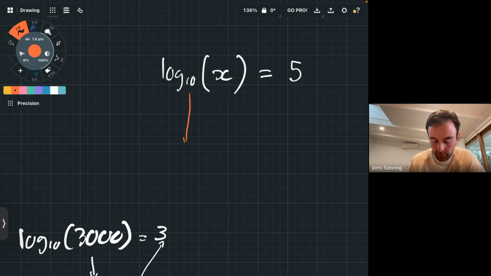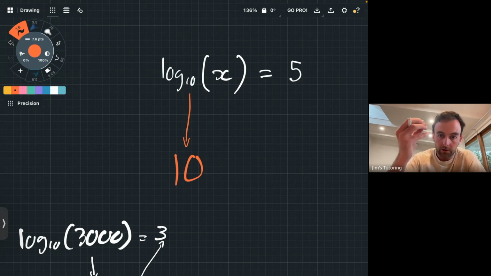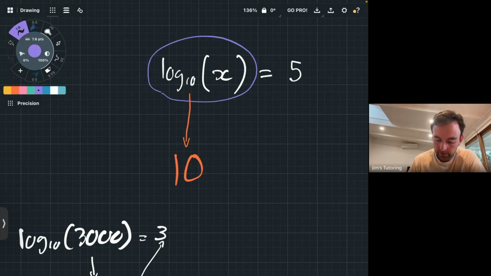So this is only for base 10 at the moment. So just try to remember this when we get to natural logs. So what I do is I move the base of the log down and make that a nice big number. And then I write the whole logarithm, so this whole side, as the exponent of that base.